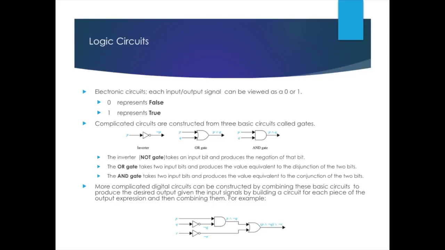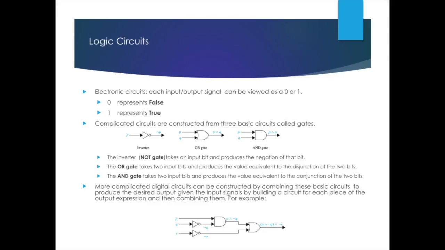The inverter is basically the negator, the not. When you have P, not P is the inverter in the digital circuit. The OR gate is basically the OR, and the AND gate is basically the AND that we discussed.